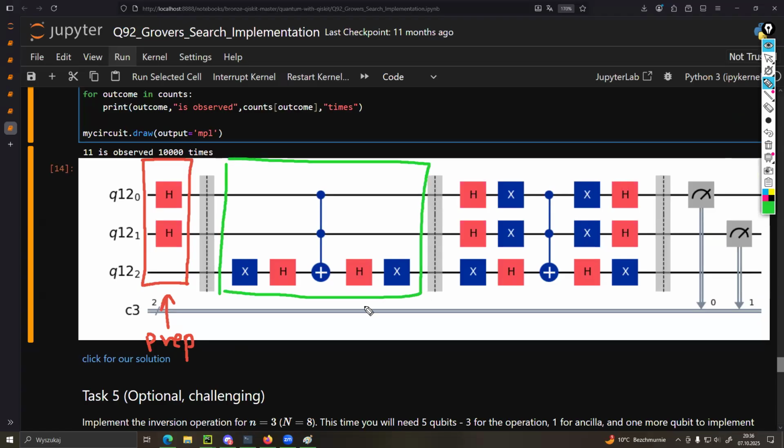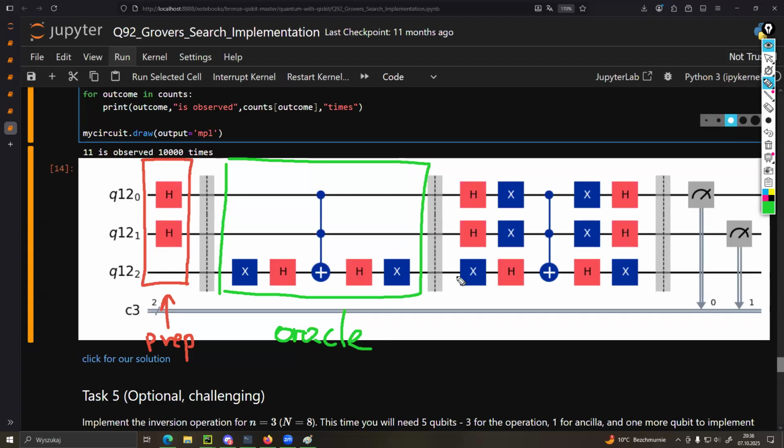So this entire box would be our oracle that we treat as a black box, but we uncovered what it actually means, and it isn't as difficult.